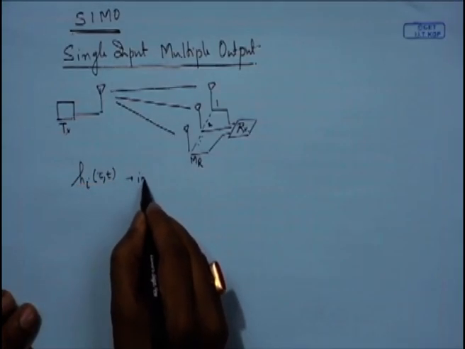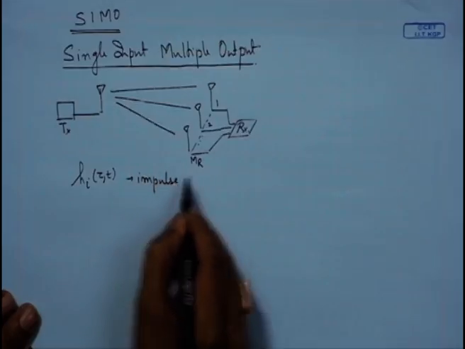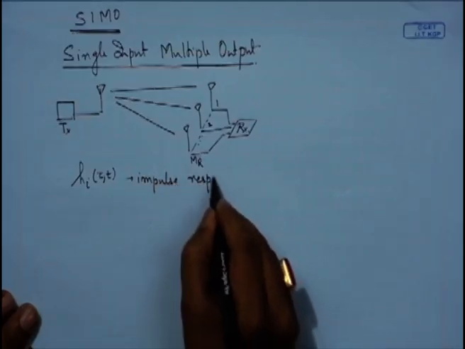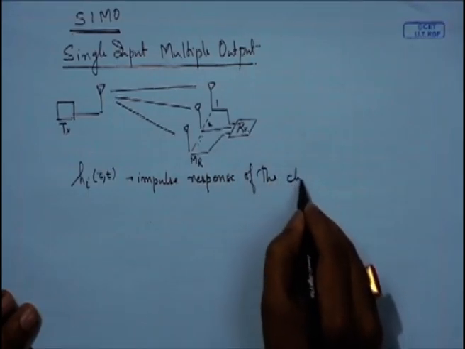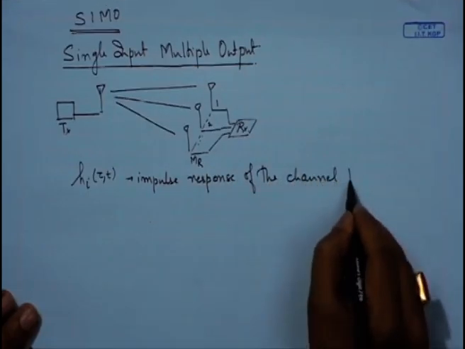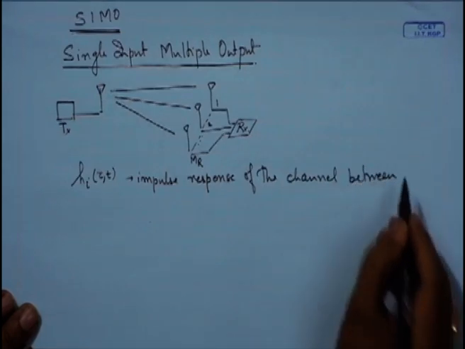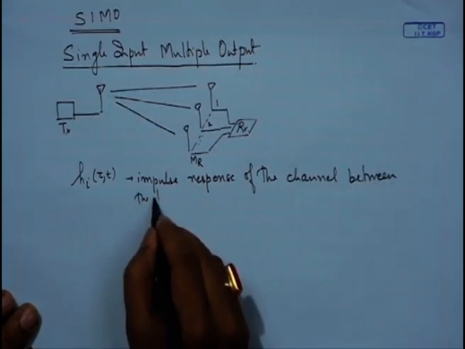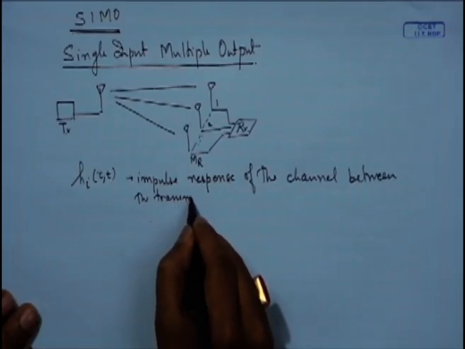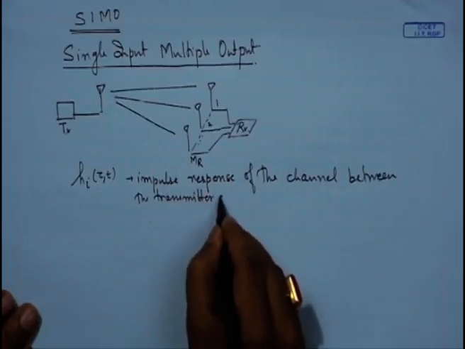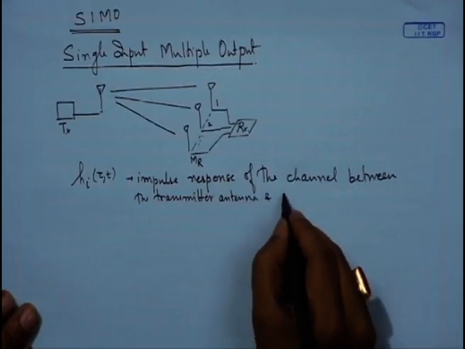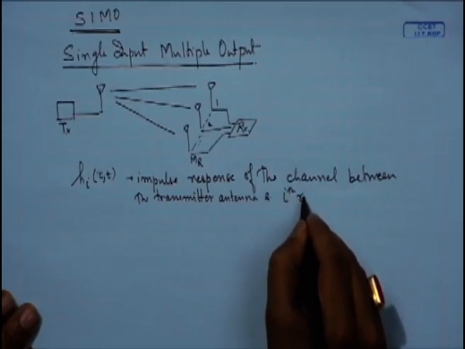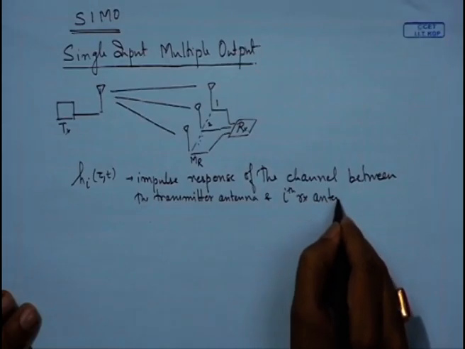So that is the impulse response of the channel between the transmitter antenna and the ith receiver antenna.